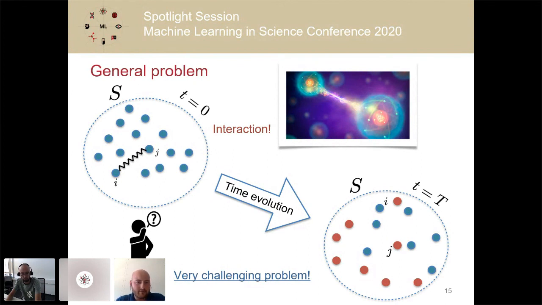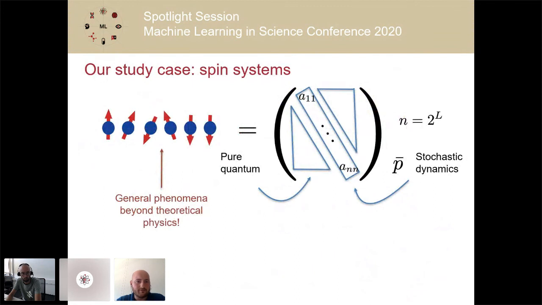So now in the next slide, I would like to focus on our study case. We study spin systems, one-dimensional spin systems. A spin system is a quantum system in which the local variable are binary, basically, so 0 or 1, or -1 or 1.